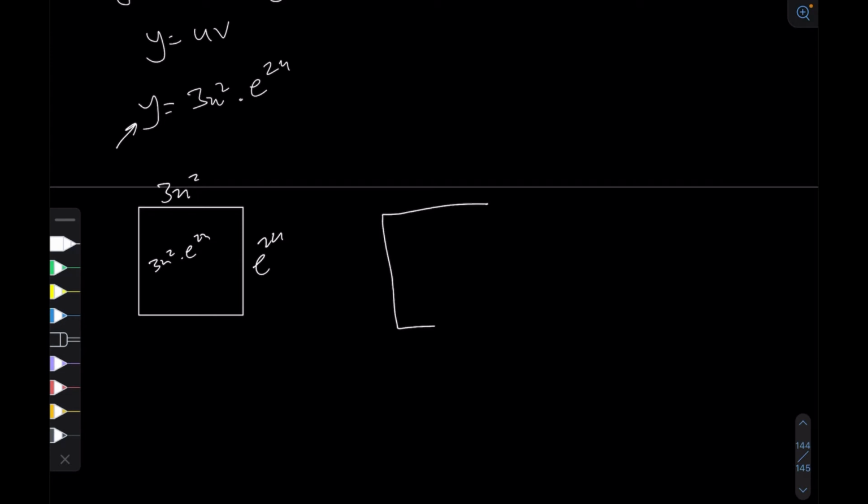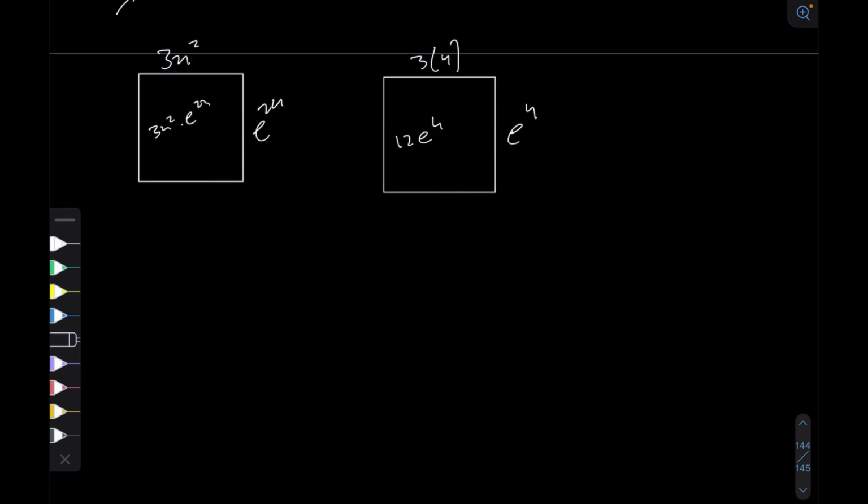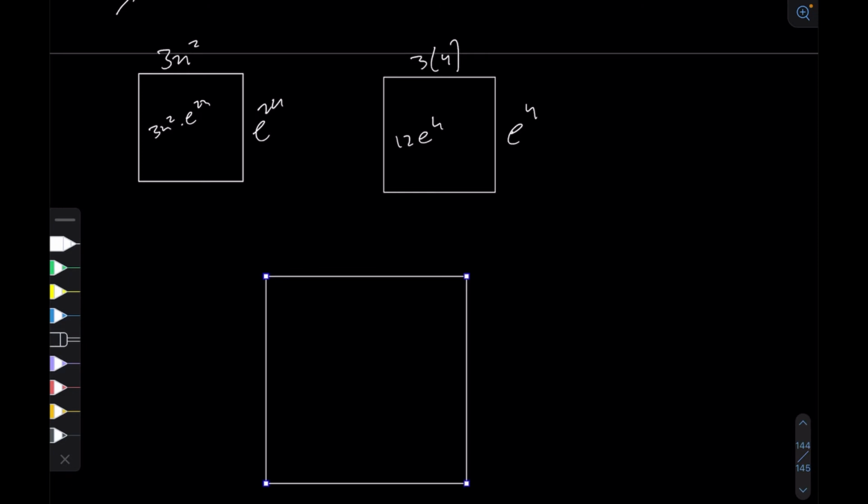Just to give you an example, let's say when x is 2, this side would be 3 multiplied by 2 squared, and this side would be e to the 4. So your area would be 12 e to the 4. And of course, if you put 2 over here, this would also give you 12 times e to the 4. Right. So let me draw a bigger rectangle.